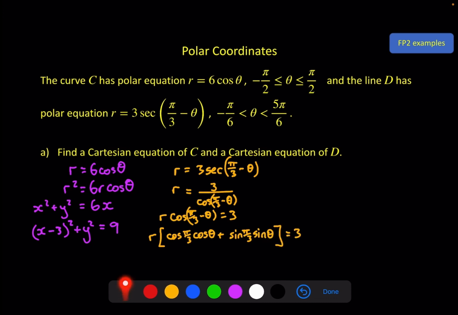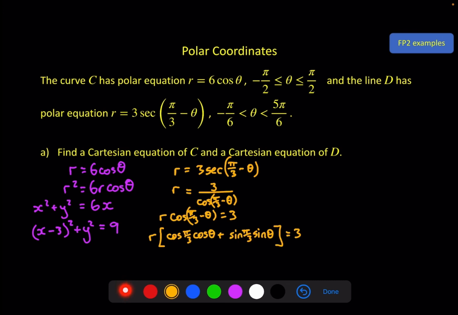Now what I'm going to do is expand this bracket, so the r is going to come with the cosine theta and with the sine theta, so r cos theta will give me an x, r sine theta will give me a y, and I'll also evaluate cos pi by 3, which is a half, and sine pi by 3, which is root 3 over 2.